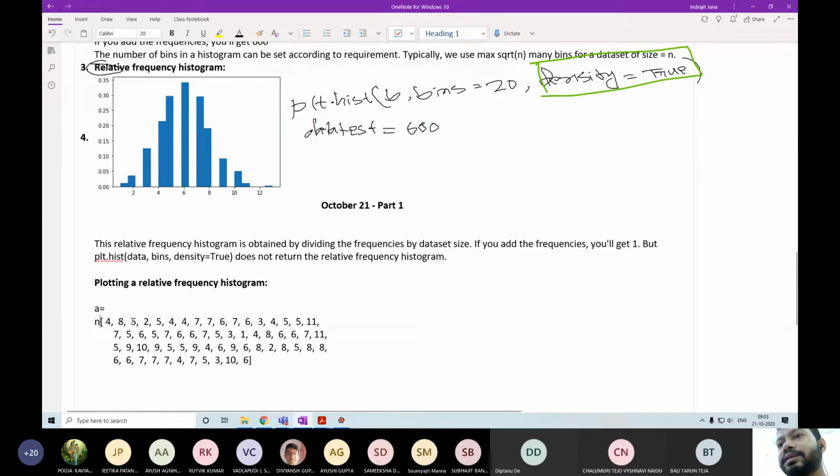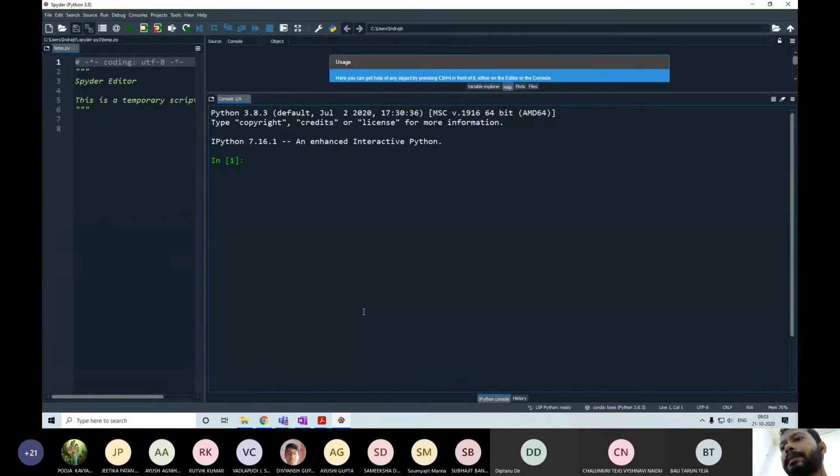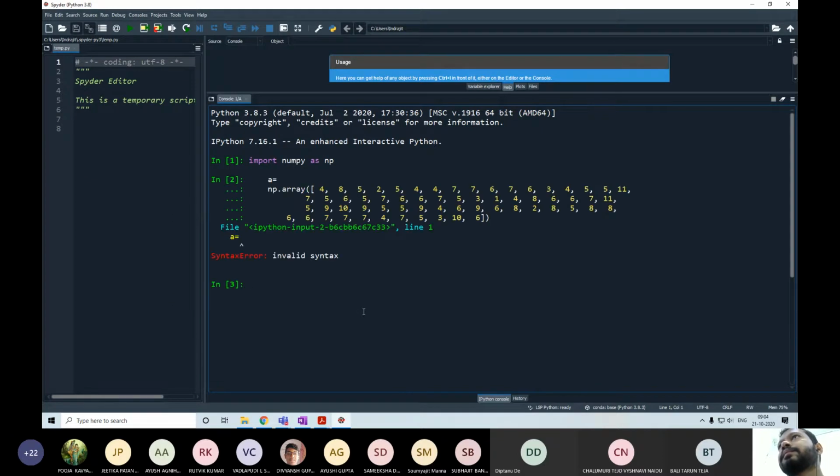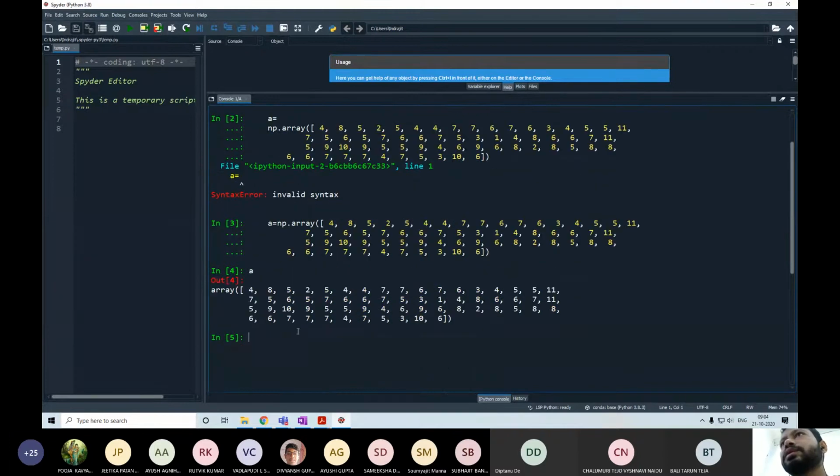I need to put it as an array. So let's input that in Python. So we have this data.